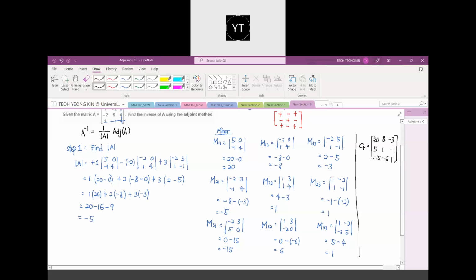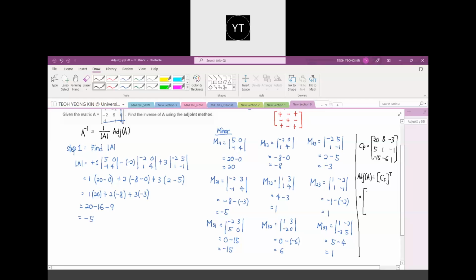Finally, we can get the adjoint A. So the adjoint A is the cofactor matrix transpose. So what is cofactor matrix transpose? It means that transpose is from row, it will become column. Apa itu transpose? Transpose adalah daripada baris, dia akan jadi lajur. So let's say baris pertama ni 20, 8 and negative 3.